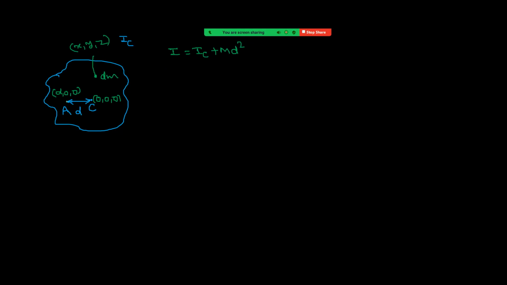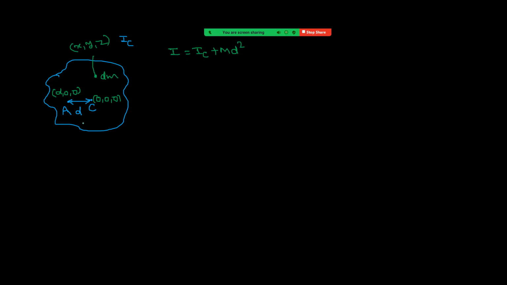Condition is that both axes must be parallel. Okay, we are taking axis passing through point A, axis passing through point C, and these two are parallel, right? In that case, I equal to IC plus m d square. Okay, this is what we have derived.